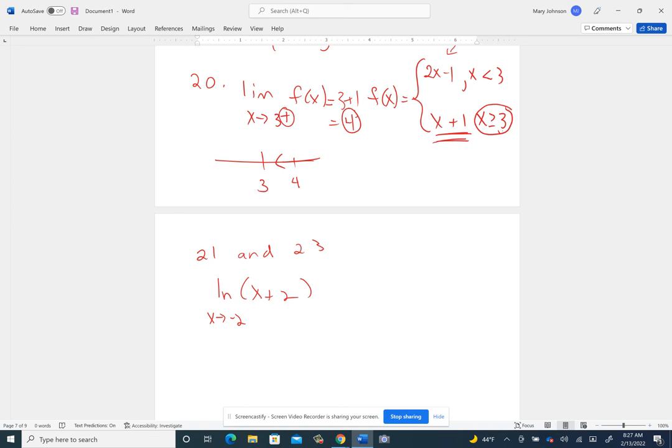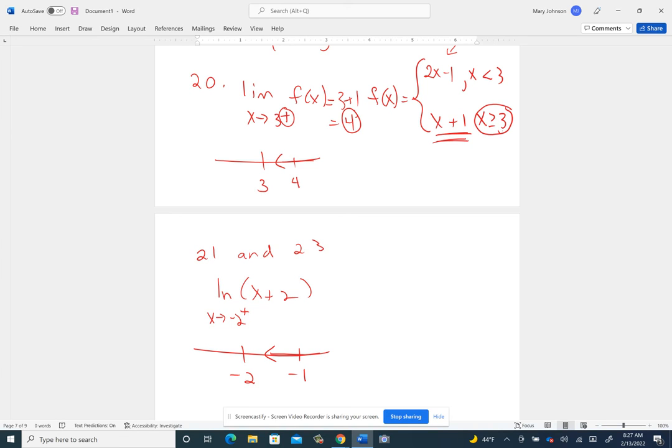So that's one where it might have been good to think about which direction you're coming from. On this version, you were approaching -2 from the right. So at -2, you're coming from the right, so you're coming this way.